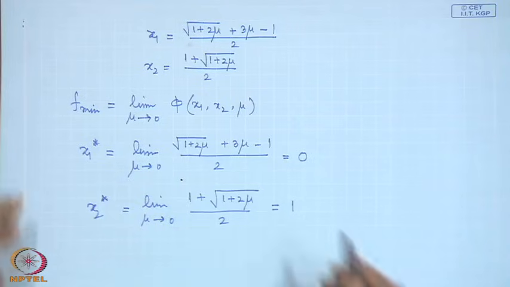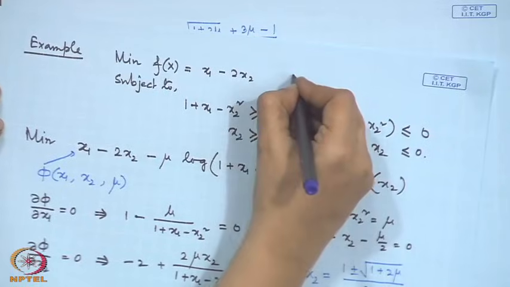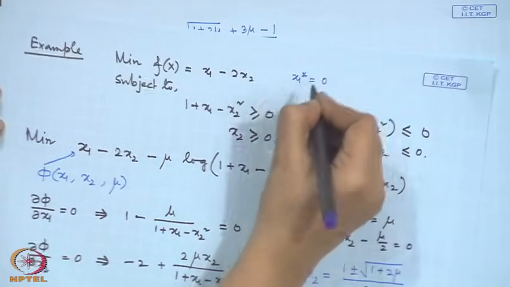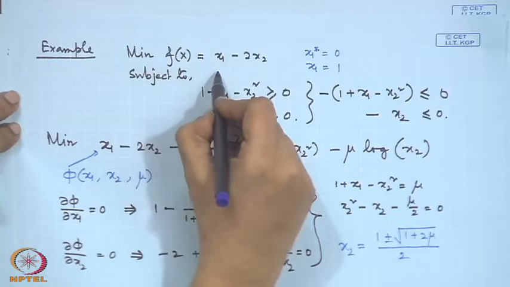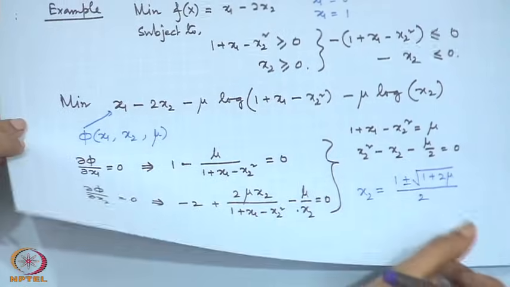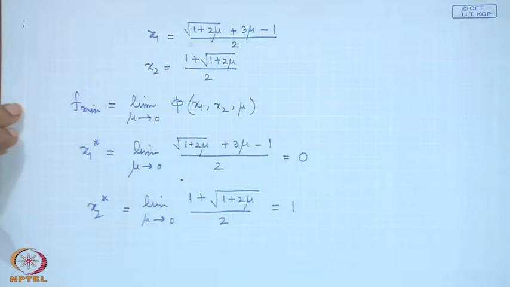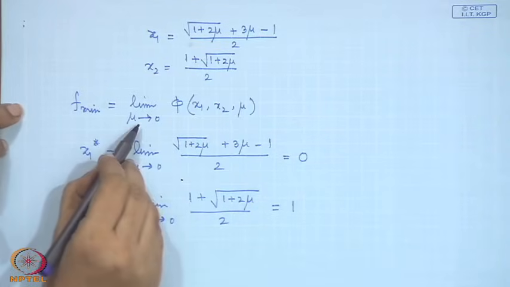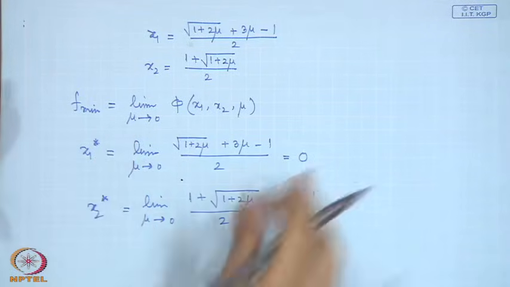Once we have that, we get the solution of the original problem as x1 star is equal to 0, x2 star is equal to 1, and the minimum value for f would then be minus 2. That is through the classical optimization technique, by considering the interior penalty function method, and with the idea that mu tending to 0 in the interior function we are getting the solution.